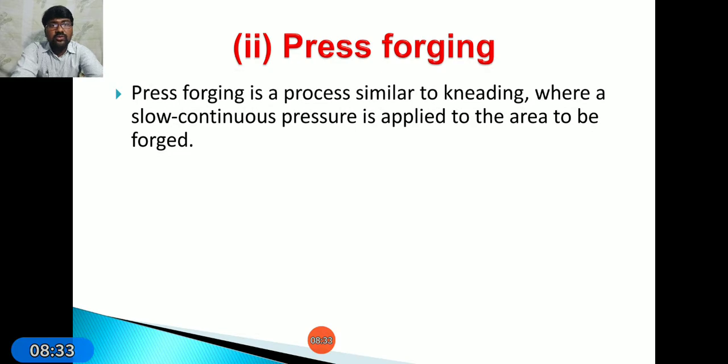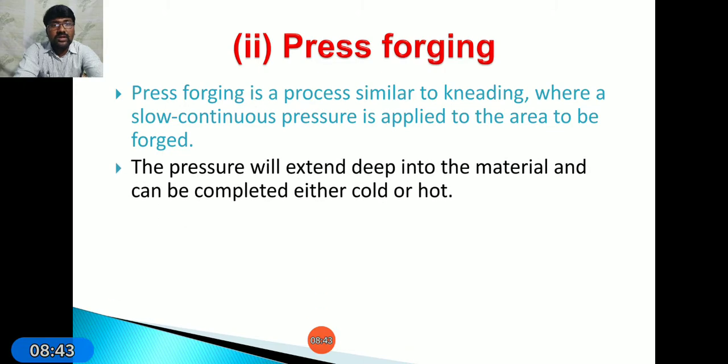Next, the second classification of impression die forging is press forging. It is a process similar to kneading, where a slow continuous pressure is applied to whatever area is to be forged. The pressure extends deep into the material and can be applied in either a cold or hot process.